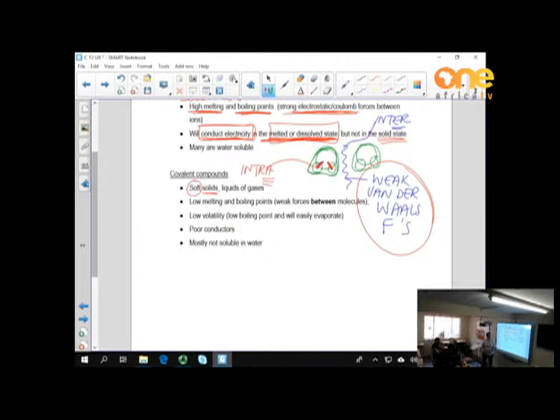All right. So, if they are solids, they are soft solids. Usually we will find that any of the covalent compounds that we work with are liquids or gases. If we look at things like HCl, HCl is actually a gas. We work with it as hydrochloric acid, but that's the gas dissolved in water.